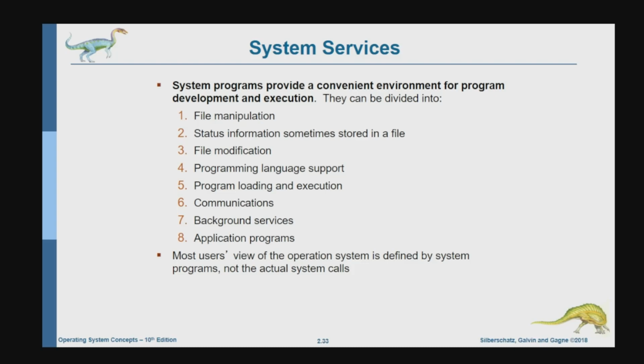They can be divided into file manipulation, status information, sometimes stored in a file based on detailed information like dates, modification time, and so on, and then file modification, programming language support, program loading and execution, communications, background services, and application programs.